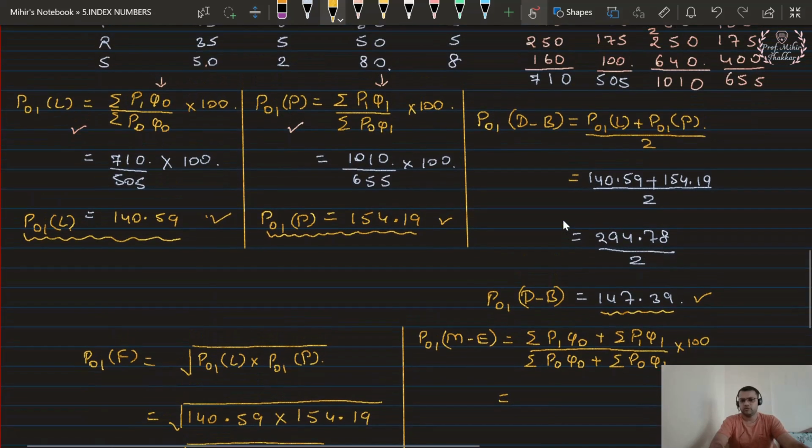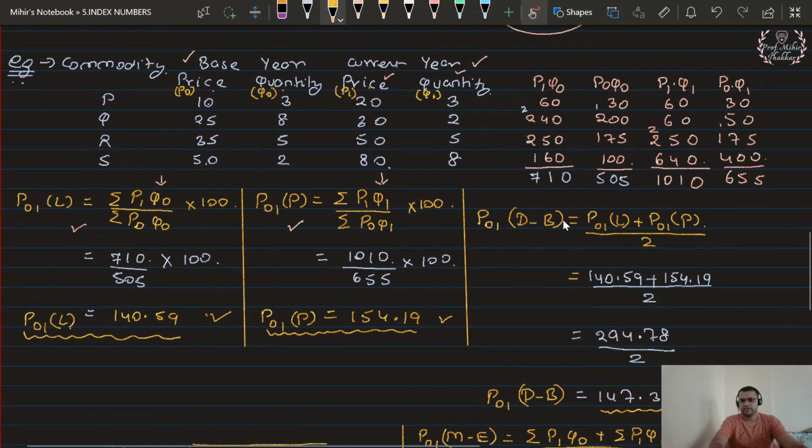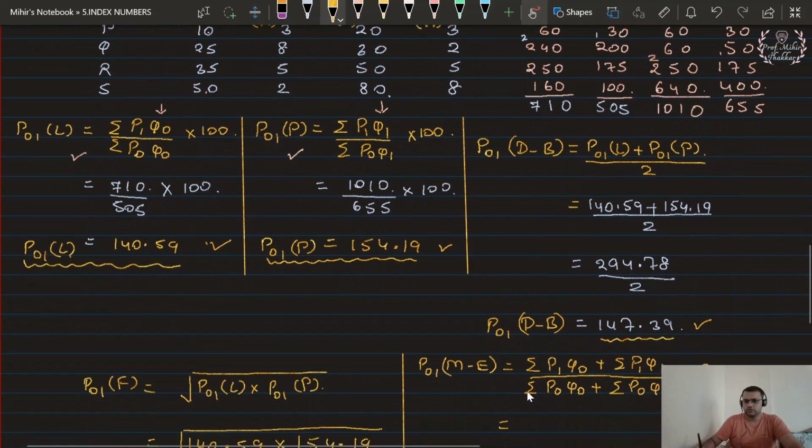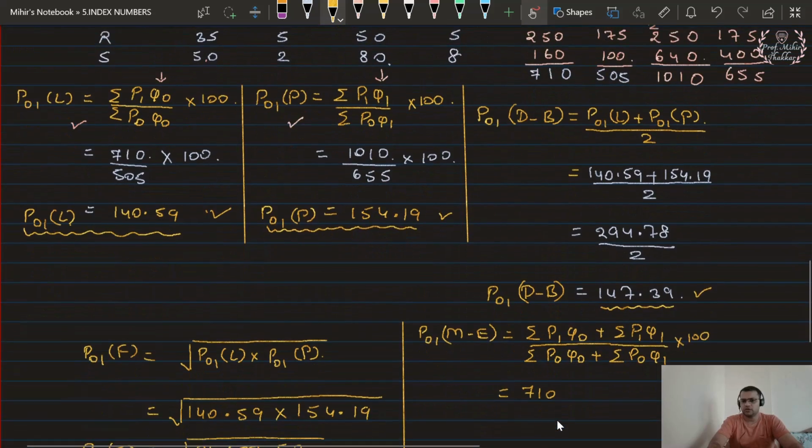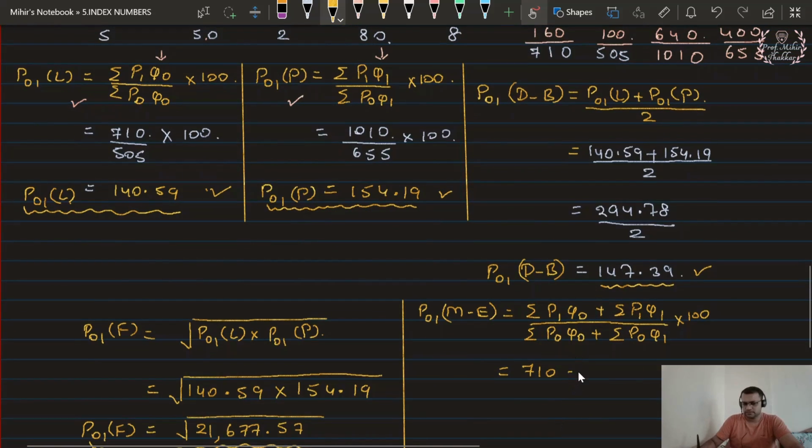When you talk about P1 Q0, that is the first column, so the total over there is 710. When we talk about P1 Q1, that is the third column, the total is 1010.